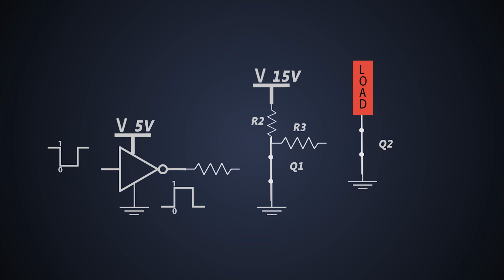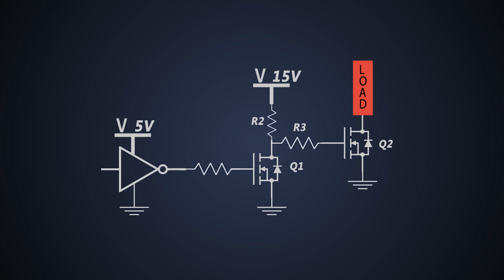This Q1 turns on and pulls down the VDD to logic level low. As there is no gate voltage to the power MOSFET, the MOSFET turns off. This is how a small logic pulse of 5 volts or 1 volt can turn on a power MOSFET with gate voltage of 15 volts.